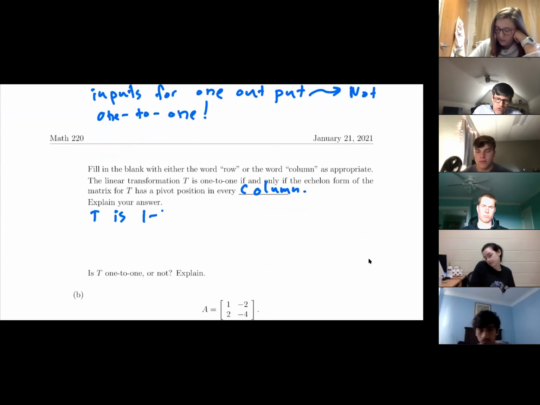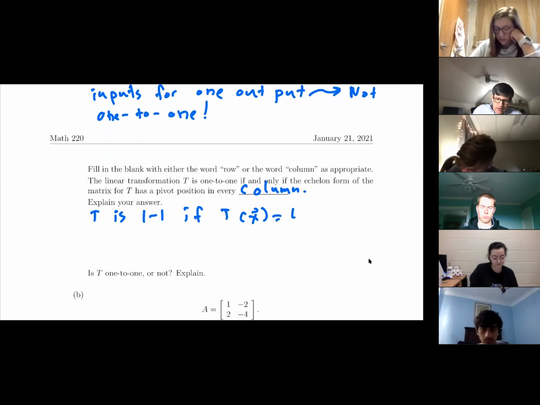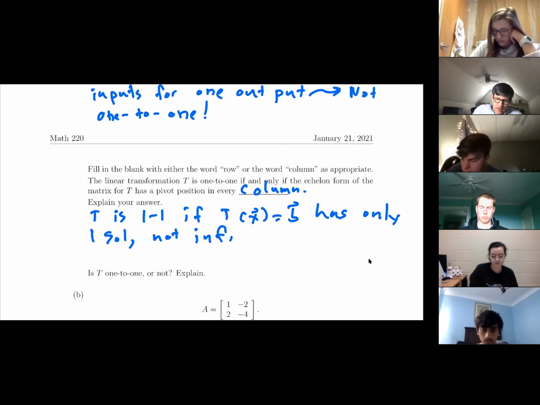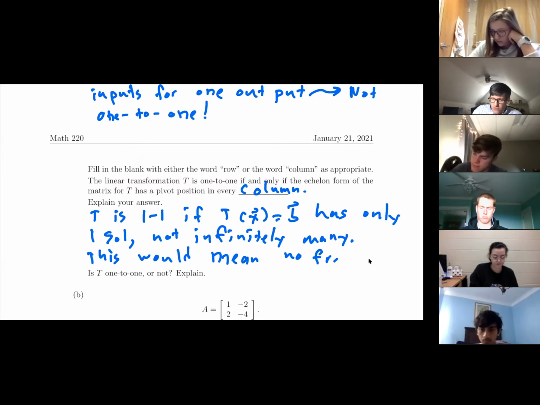T is 1-to-1 if T of x is equal to b has only one solution, not infinitely many solutions. This would mean no free parameters, no free variables.